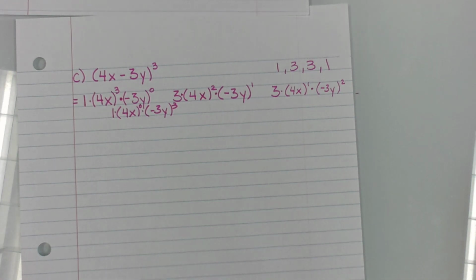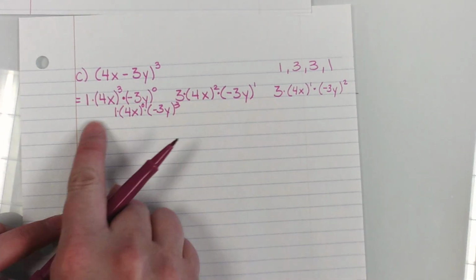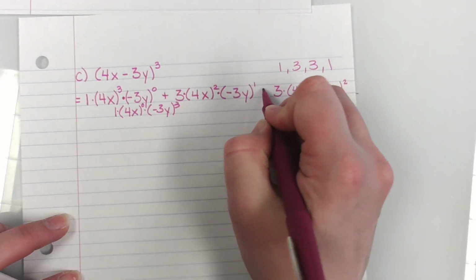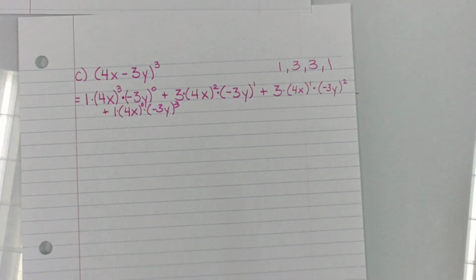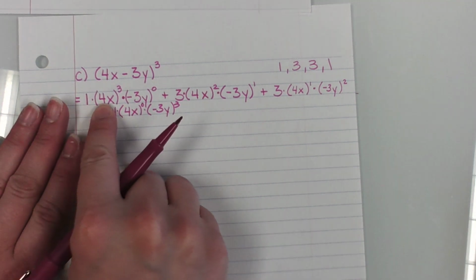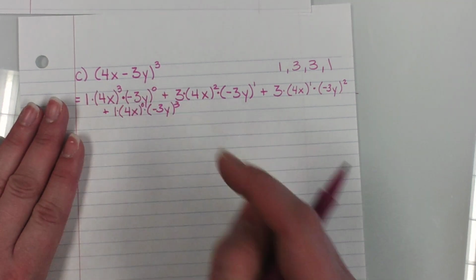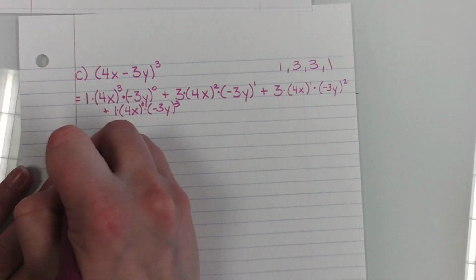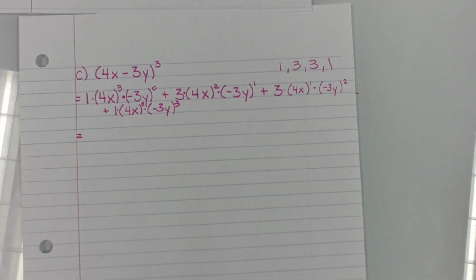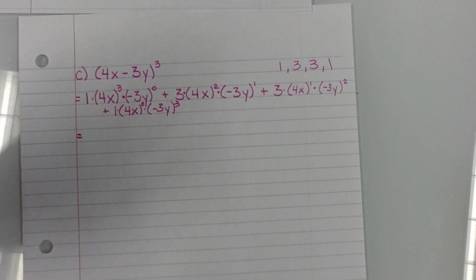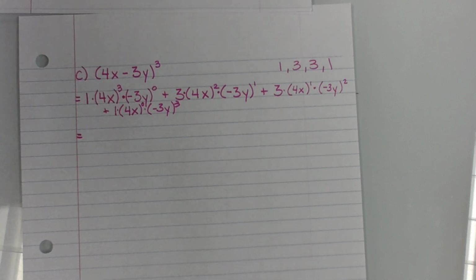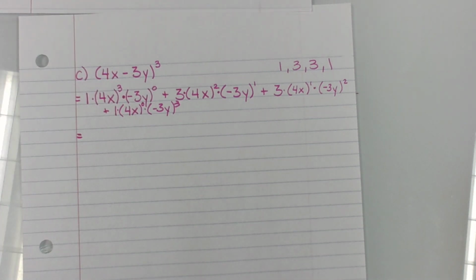Okay, there's something that we're missing in all of these. What goes between them? Addition sign. Plus. Okay, so we simplify down individual terms. This first term, 1 times 4x to the third times negative 3y to the 0th. Elsa, what's that going to simplify down to?